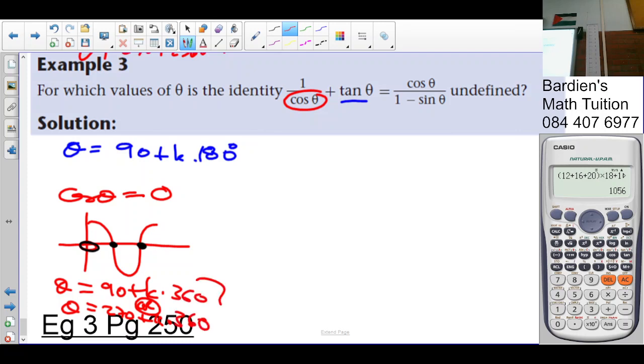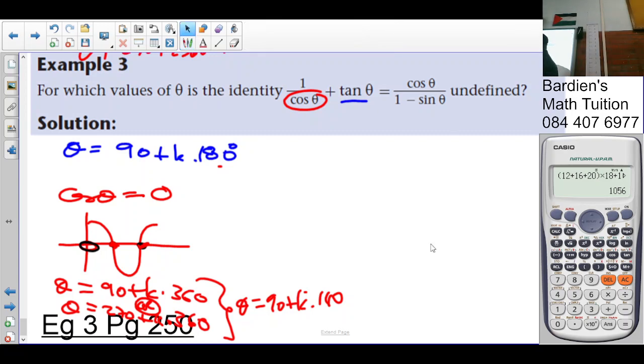Or you could have written this as theta is equal to 90 plus k times 180, since this is happening every 180 degrees. But you notice now that this and that is the same. So if you had picked it out here already that it's the same, I didn't need to do this. Make sense, people? Okay.